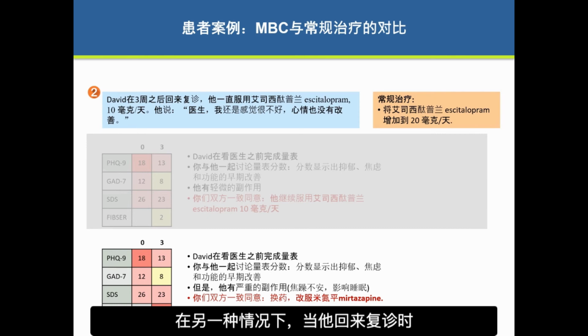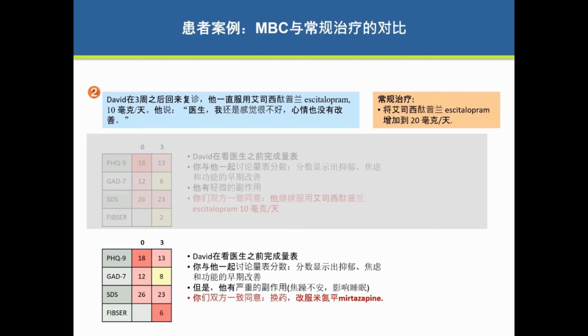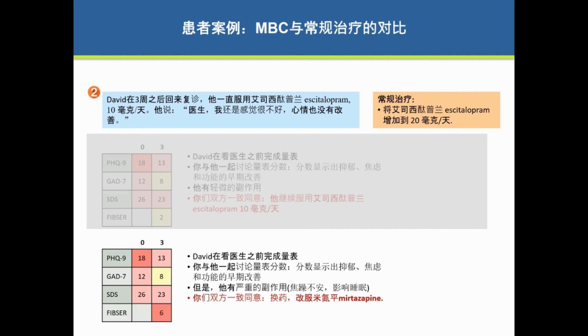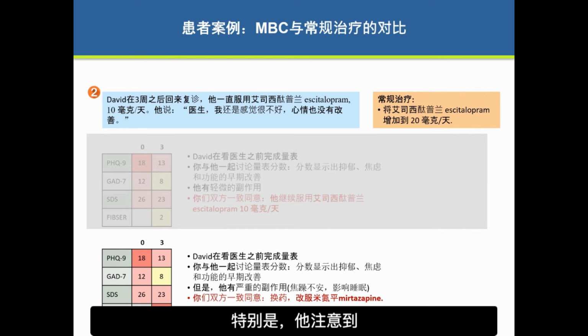Now, in an alternate scenario, when he comes back, you see that, again, he has improvement in his depression and anxiety scores, but this time he has significant interference from his side effects. He scores 6, which is severe impairment. In particular, he notices that he has a lot of agitation and sleep problems with insomnia.